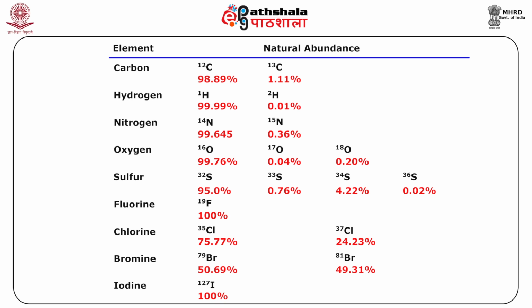However, in the case of bromine, 79 bromine has an isotopic abundance of 50% and 81 bromine also has an abundance of 49%. Thus, in the mass spectrum which will be obtained, you will have 2 peaks in the ratio 1:1. Now from the isotopic distributions, we see why the M+1 peak can be used to determine the number of carbon atoms in a compound.